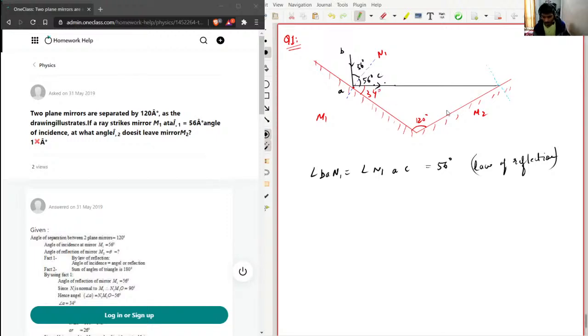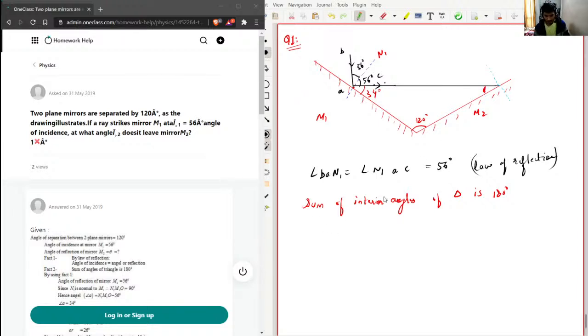degrees. And we can clearly see that this is a triangle, and the sum of the interior angles of a triangle is 180 degrees. So we can find this angle.